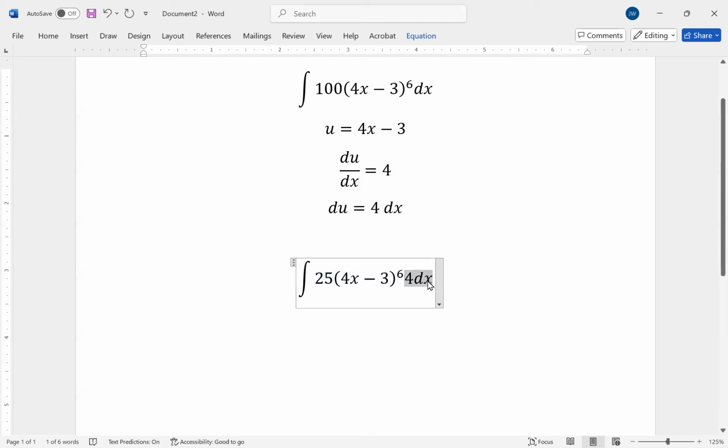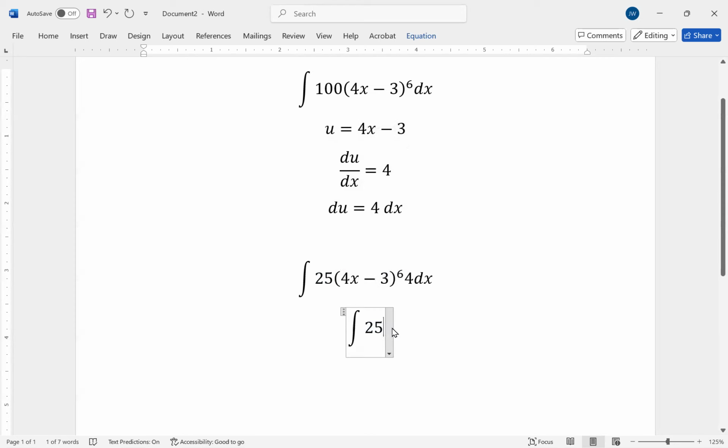Now this 25 times 4x minus 3 to the 6th power times 4 dx. Now we can do the substitution on that. So we're going to get 25. This 4x minus 3 can get replaced with a u.